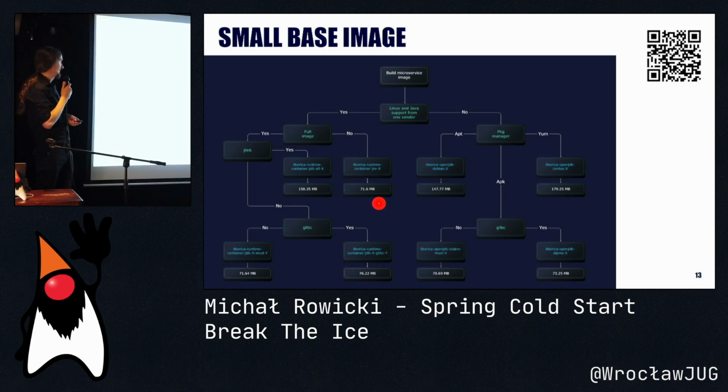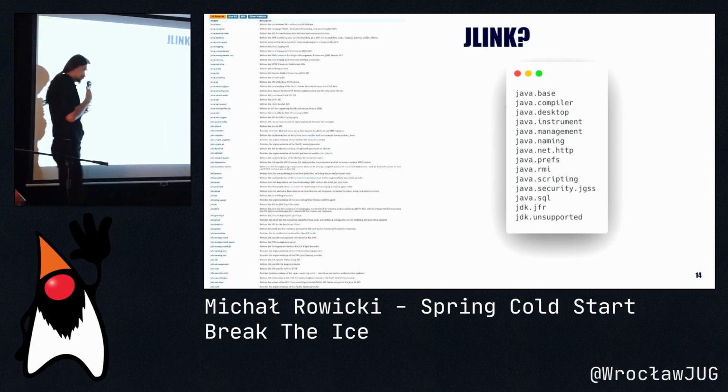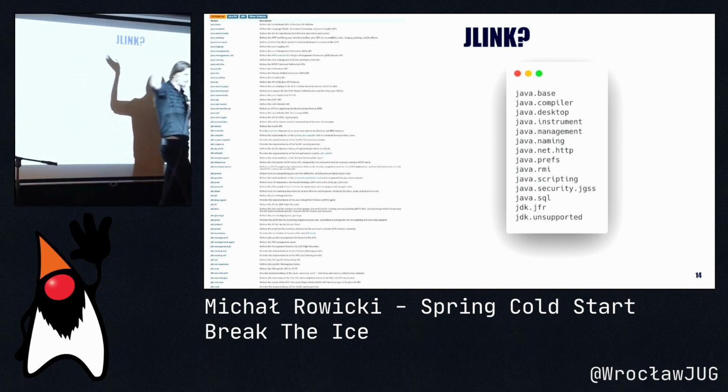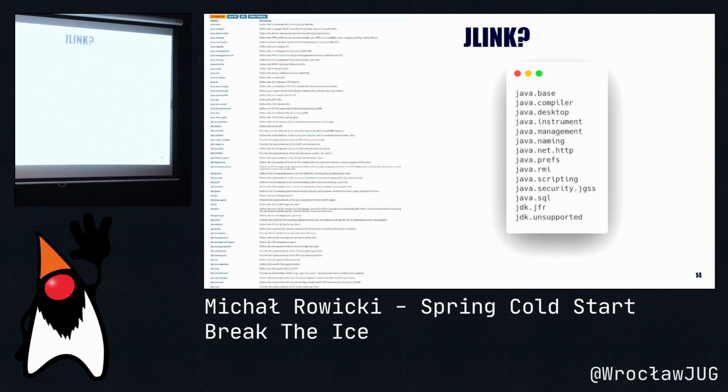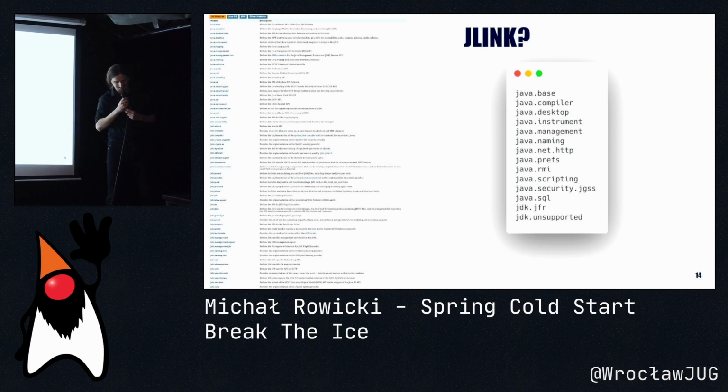And are you familiar with Project Jigsaw? Is there anybody who knows? And anybody who uses it? Yeah, I know. Project Jigsaw was introduced in Java 9, and it was about modularizing the JVM. For what sake use the JDK or JRE with all modules when we don't use them?